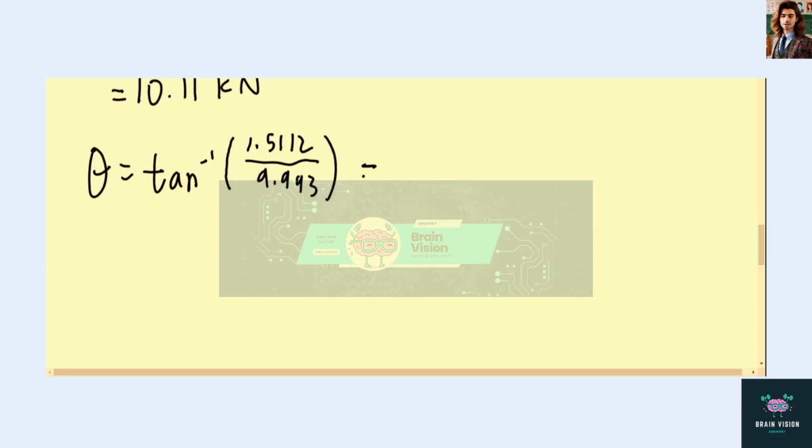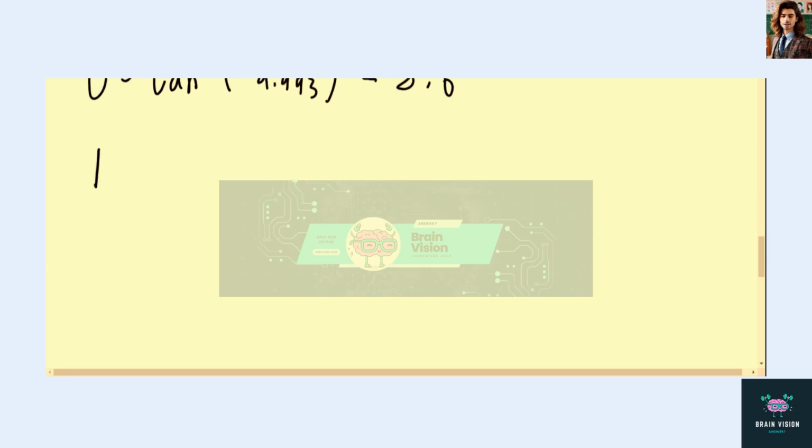We'll get an angle equal to 8.6 degrees. So we can say that the force AB is equal to 10.11 kilonewtons, which will be at an angle of 8.6 degrees.